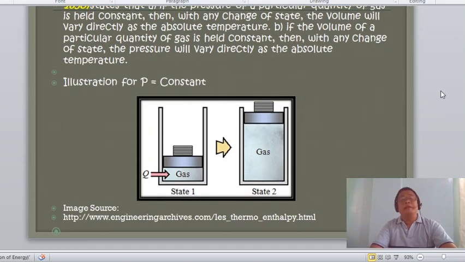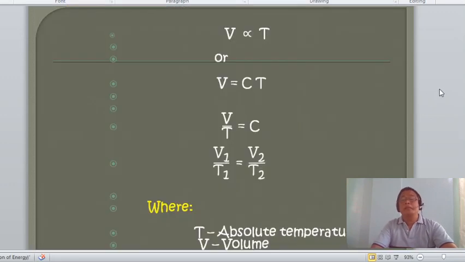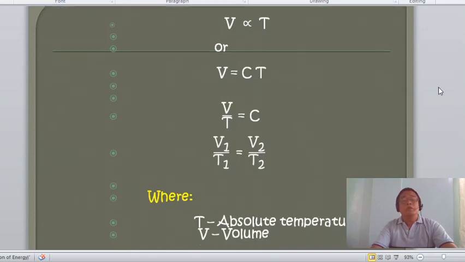Let us now write the equation. For a constant pressure, the volume is directly proportional to the temperature, or simply V equals the constant of proportionality times T, or V over T equals constant.